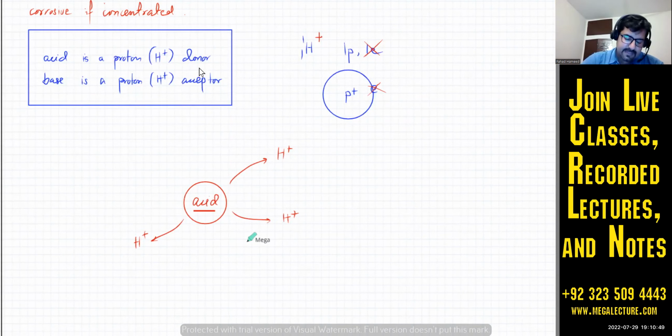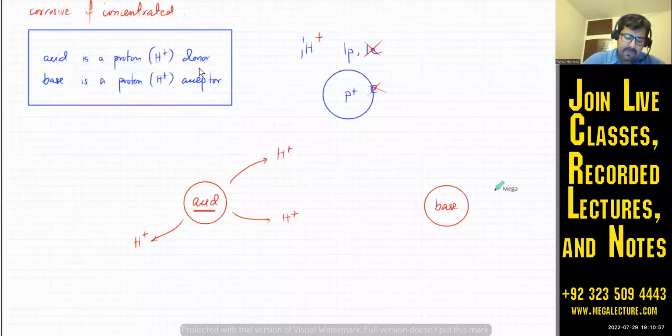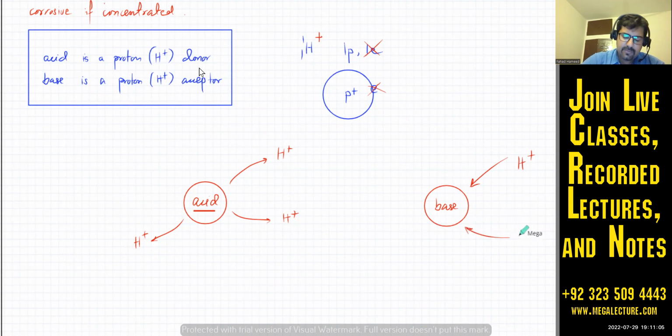And a base is the exact opposite. It's a molecule that, if there's H plus 1 in the neighborhood, is going to grab it, accept it, consume it. They accept or gain H plus 1 ions.